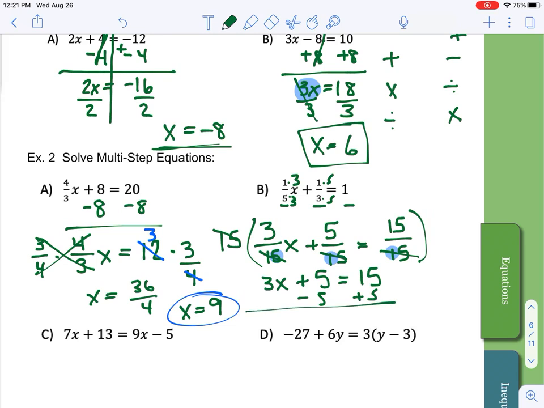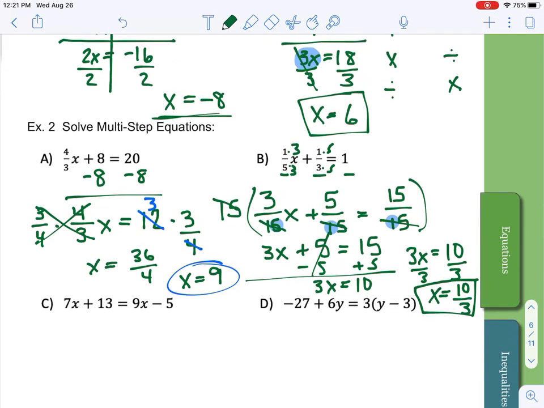Subtract 5 on both sides. So x is going to equal 10 over 3. If you had kept your problem in fractions the whole time, you'll get the same answer.